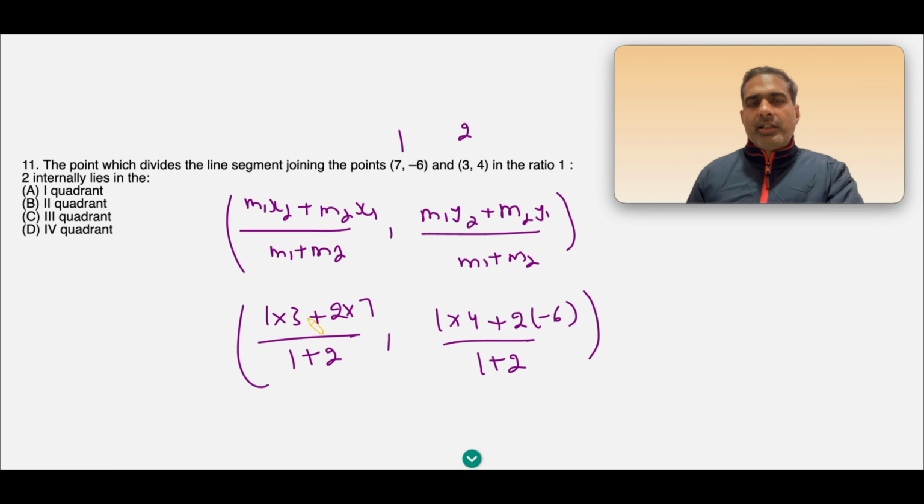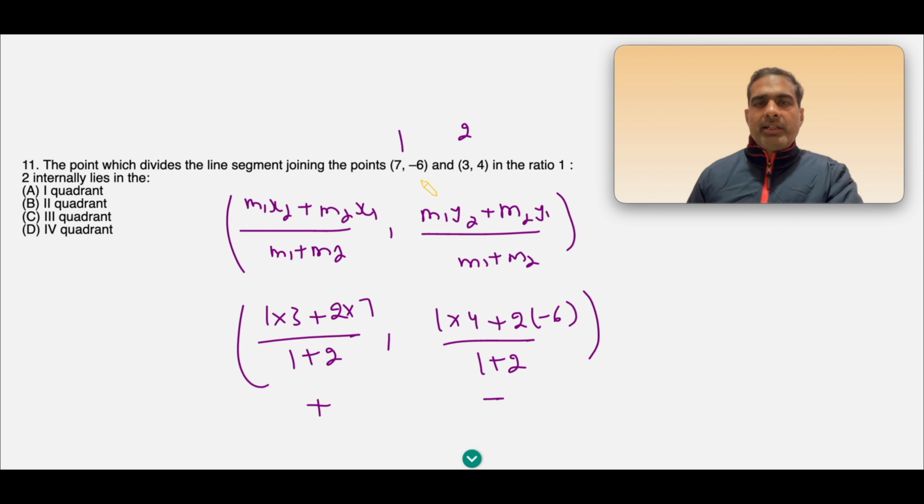So we don't need to calculate the whole value. We can see that the first coordinate involves only positive quantities and there is only a positive sign, so anyhow it is going to be positive. For the second coordinate, if I check the numerator, it is 4 minus 12, so it is going to be negative and the denominator is positive. So negative over positive will be negative.